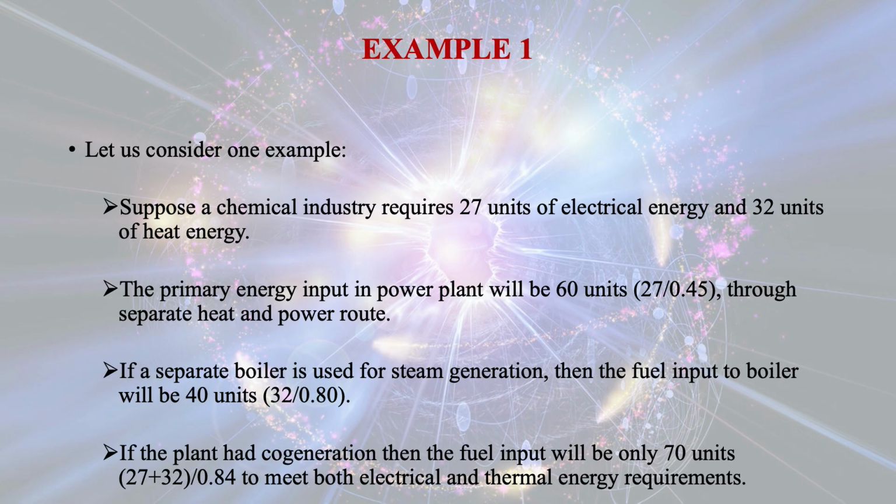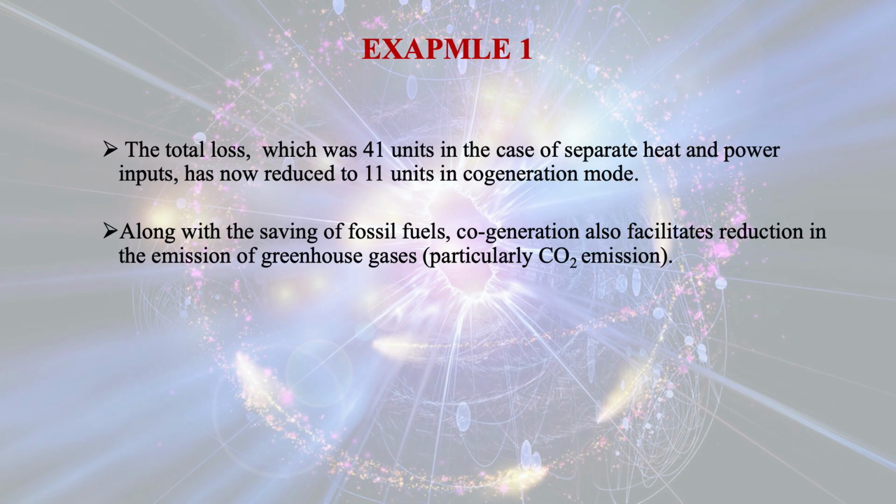If the plant had cogeneration, then the fuel input will be only 70 unit, and if the efficiency is 84%, we will get 59 unit of energy as an output. The total loss, which was 41 units in the case of separate heat and power inputs, has now reduced to 11 units in cogeneration mode.